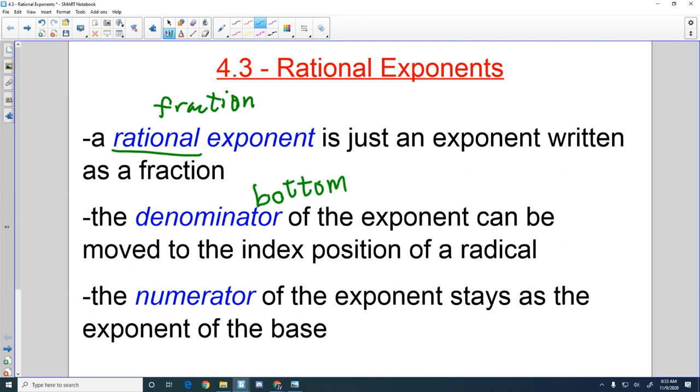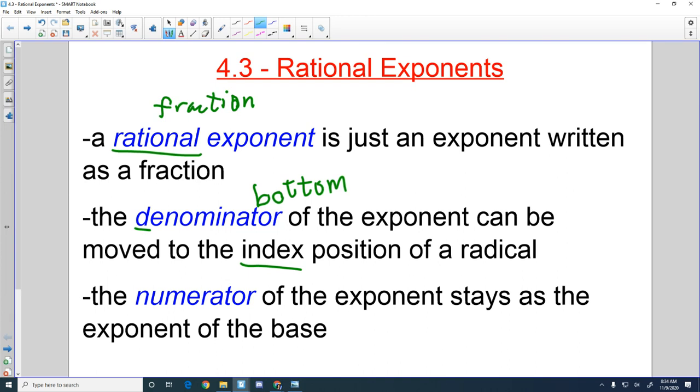Always remember, I see the D, I think down, denominator is down, it's the bottom part of the fraction. So that denominator, you actually move it. It goes from underneath the numerator of the exponent and moves in front of it and becomes the index of a radical, which is insane to think of. So the denominator becomes the index of a radical, even when there wasn't a radical to begin with.